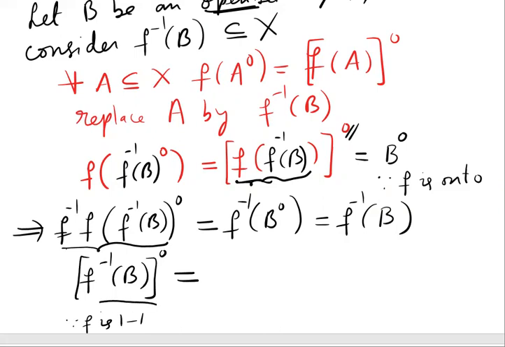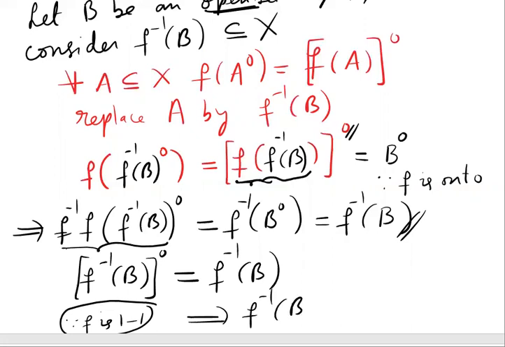Because our F is 1, 1. I'm taking the last one here, that is F inverse B. So we have any set's interior equal to itself. Therefore, F inverse B is open set.